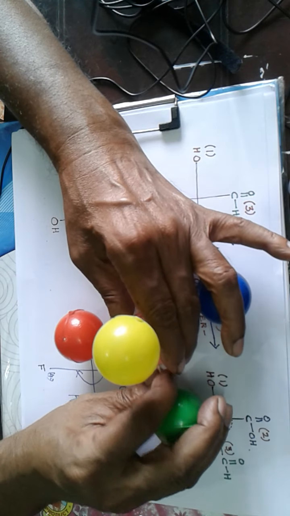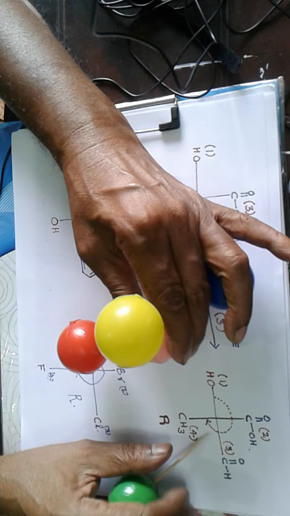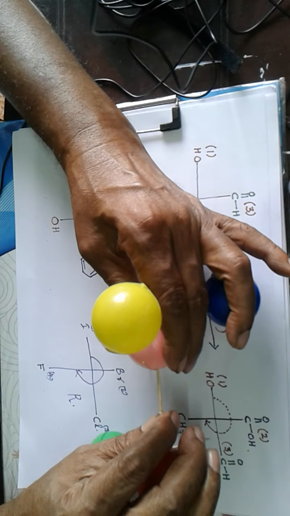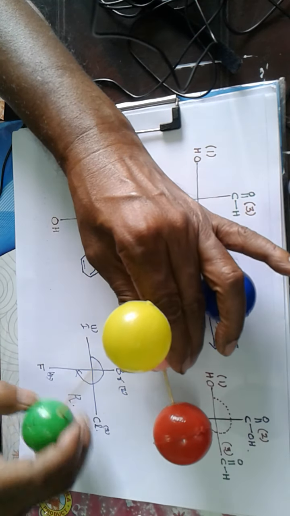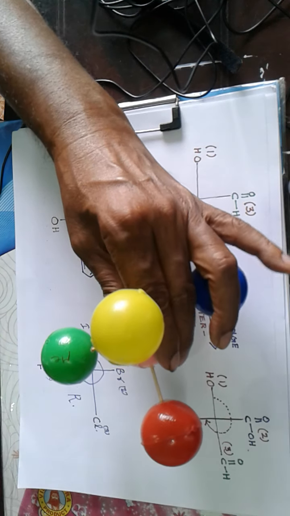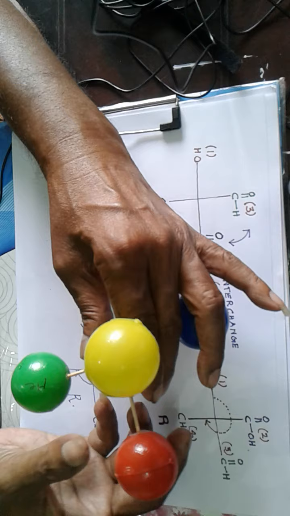Now I am going to interchange a pair of groups, say chlorine and bromine. So you replace chlorine and bromine like this. Now this was R, so we should get the S configuration.